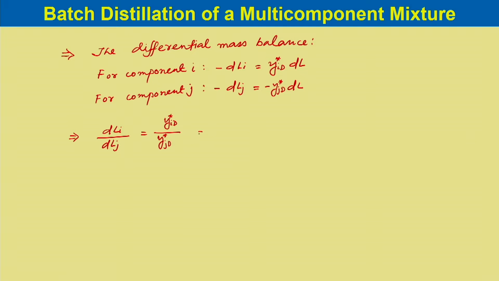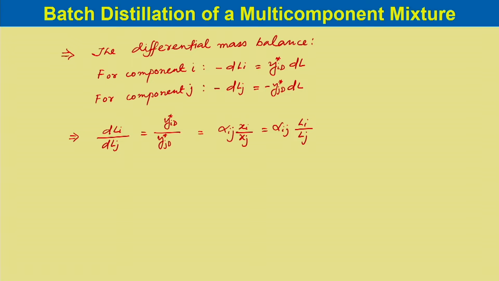And then we can write this is alpha ij, the relative volatility of component i with respect to j, into xi divided by xj, which is equal to alpha ij into Li by Lj.